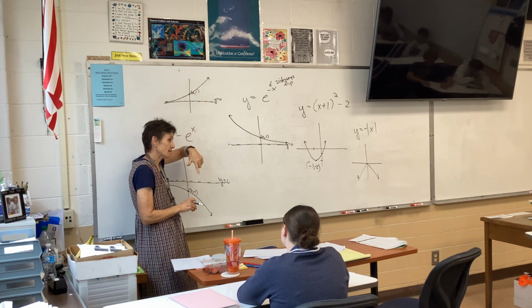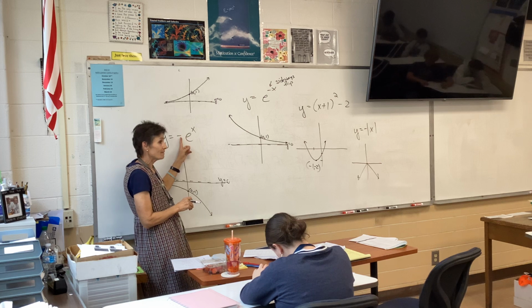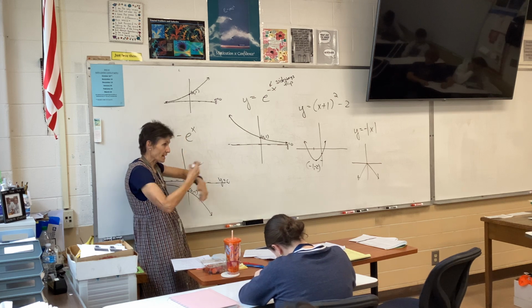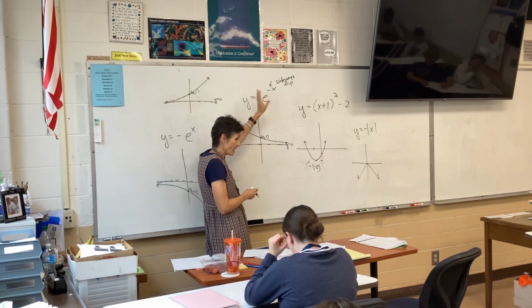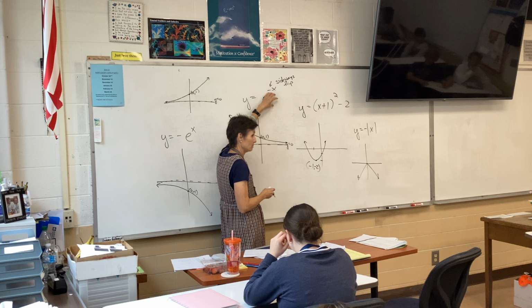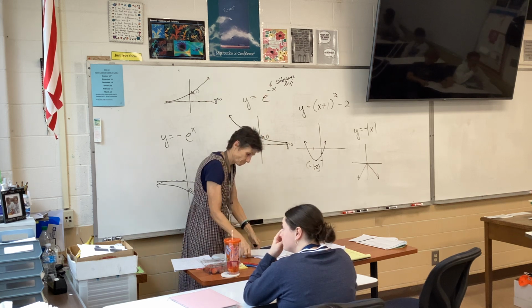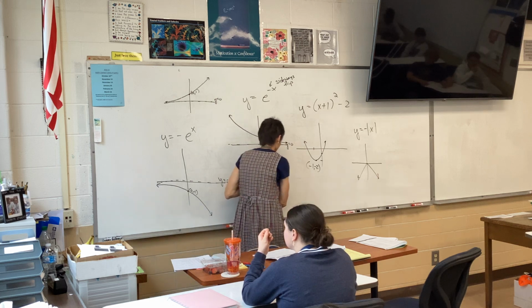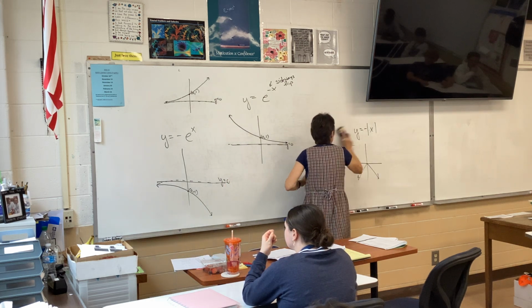So a new thing to keep straight now. There's a lot to keep straight. Negative out in front, upside down. Negative on the x, so kind of inside the problem, sideways flip. Okay.